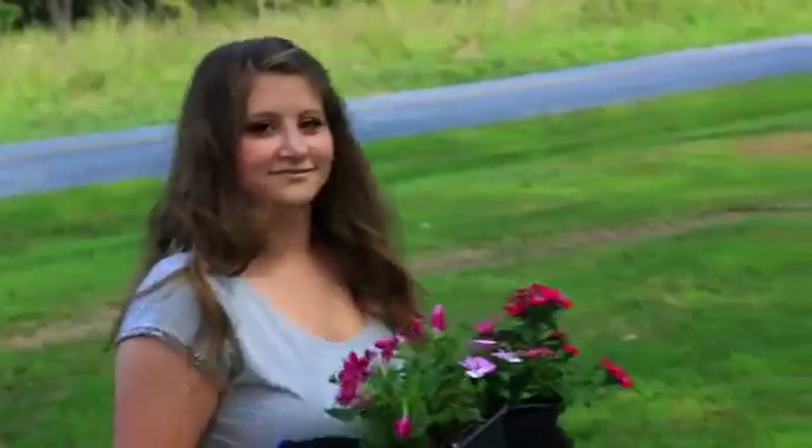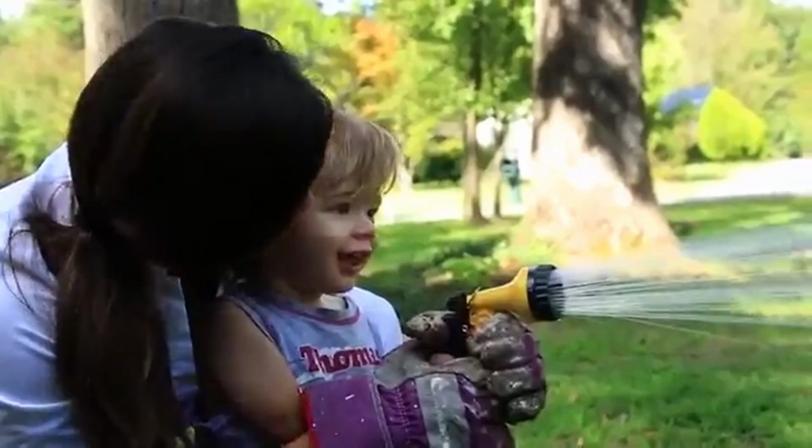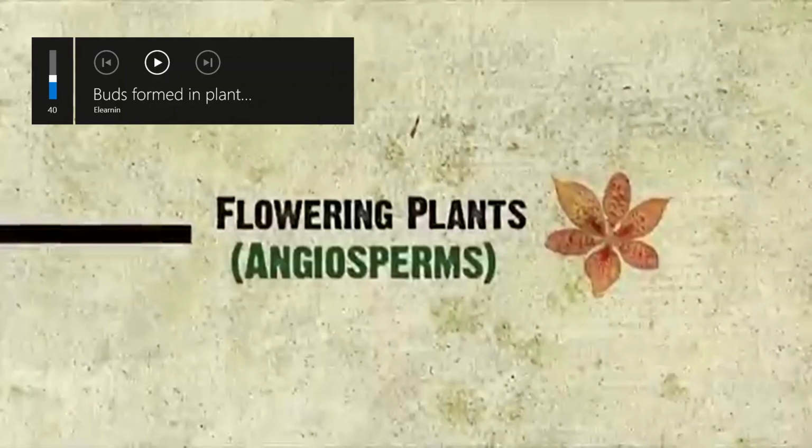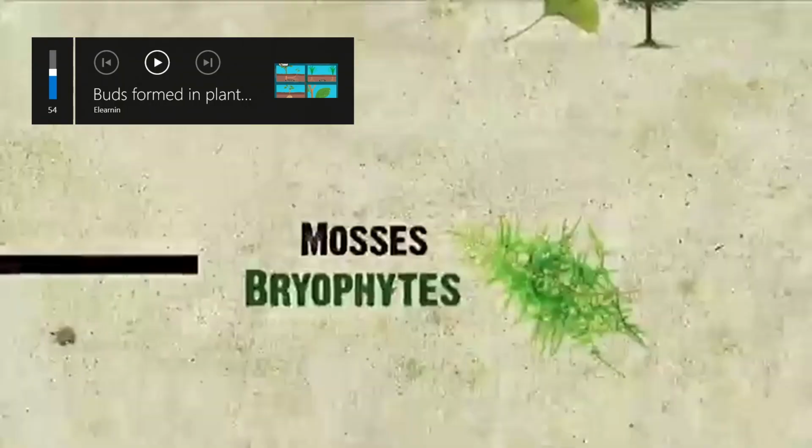Today, we have a whole bunch of flowering plants that we're going to plant. By flowering plants, I'm talking about the angiosperms, which are any plants with flowers. And those are different from the gymnosperms, like pine trees, the mosses, the ferns, and all of the other primitive plants. Every one of these flowering plants we got can be divided into one of two categories, either a monocot or a dicot.